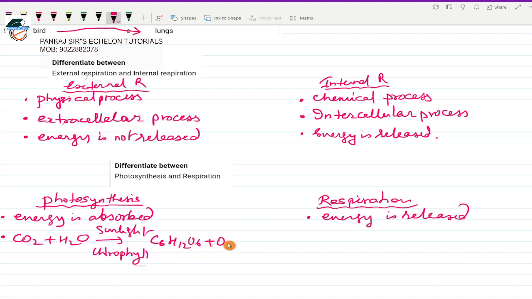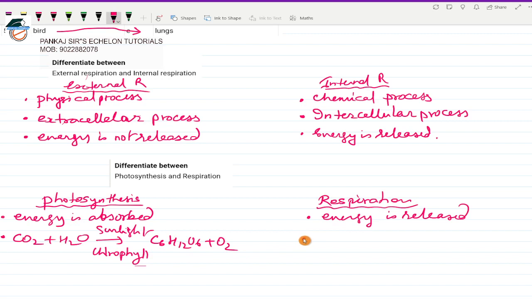Oxygen. Okay, so this is what happens in the photosynthesis process. Carbon dioxide and water are the raw materials, and in the presence of sunlight and chlorophyll, glucose is made and oxygen is also produced.